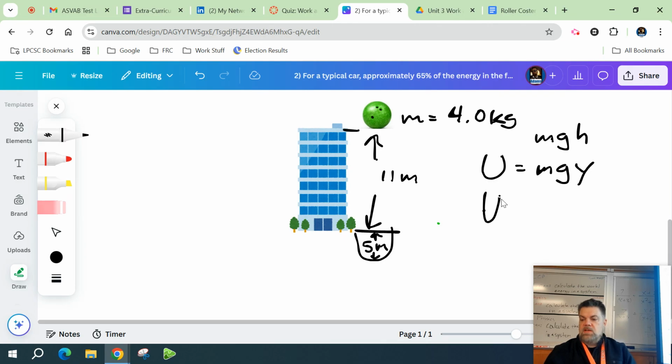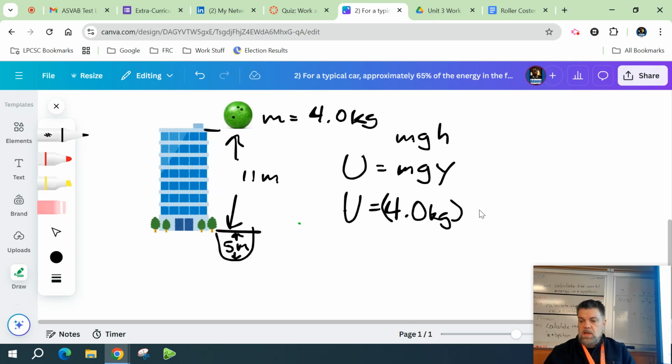So my potential energy then would be the mass of the object, 4 kilograms, times the acceleration due to gravity, which is 9.8 meters per second squared, times 11 plus 5, which is 16, right?